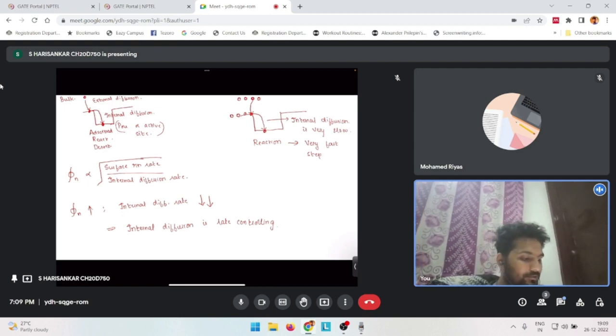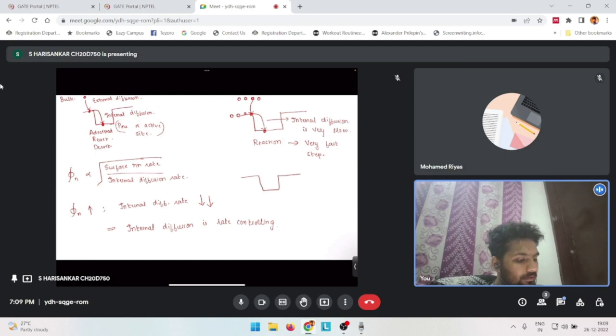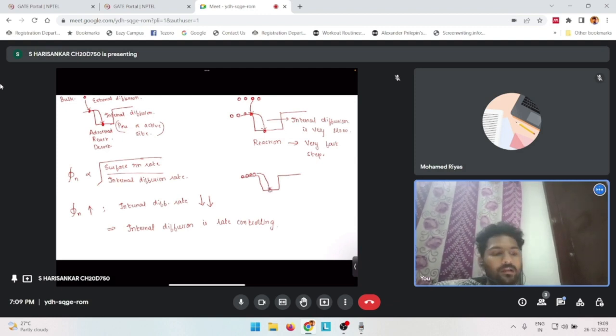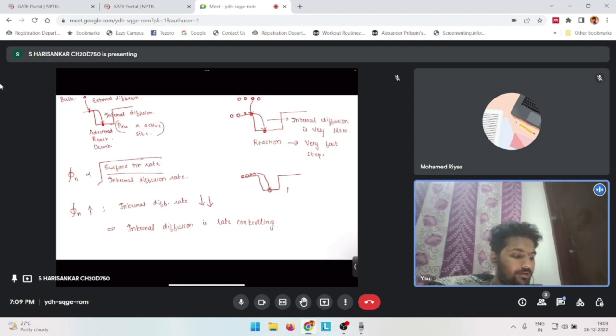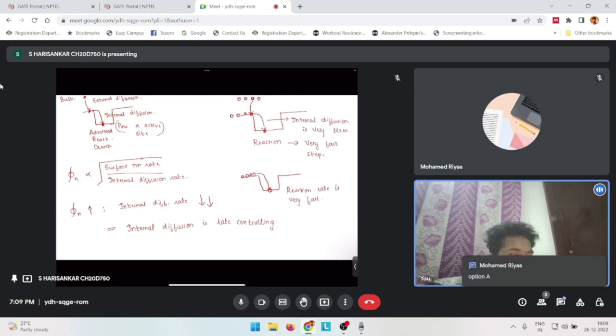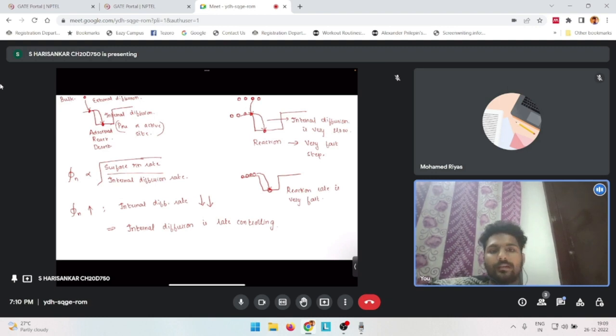So what happens basically is, your particles are right now, let's say, on the external surface, and one by one they are diffusing into the internal surface very slowly. The moment they get adsorbed on the catalyst site, reaction happens because the reaction rate is very fast. So the moment this reactant particle gets adsorbed on the active site of your catalyst, reaction will happen very fast, and because of this, this particle will basically just vanish immediately.